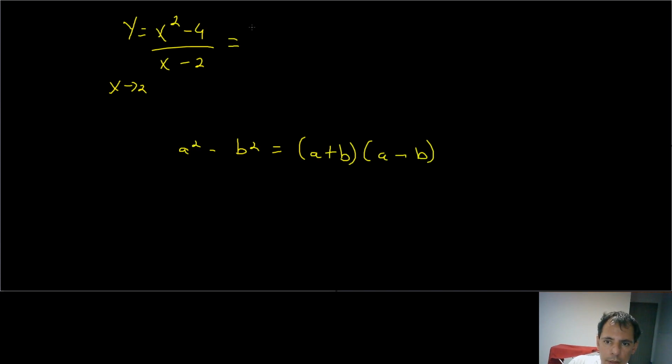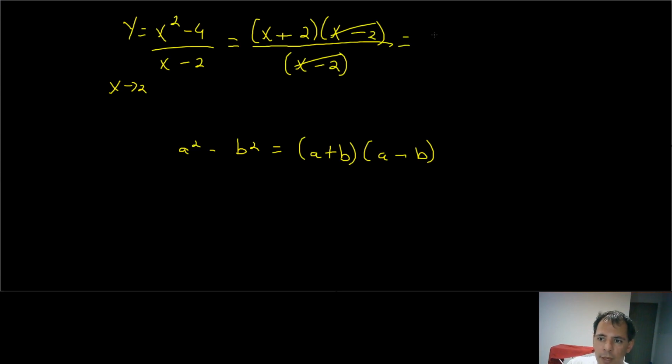So you can factor this into x plus 2 times x minus 2, the whole thing divided by x minus 2. You can cancel these two out, and it's just going to be x plus 2. So what is the limit as x goes to 2? You plug the 2 in here, and it's 2 plus 2, which is 4.